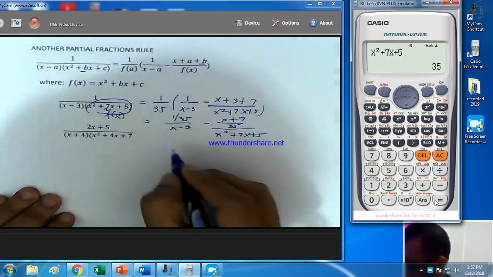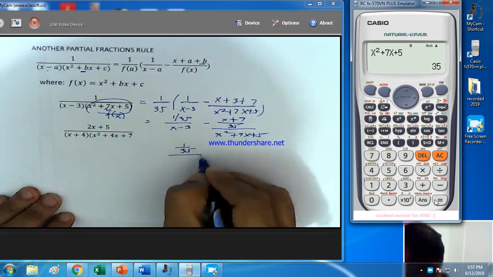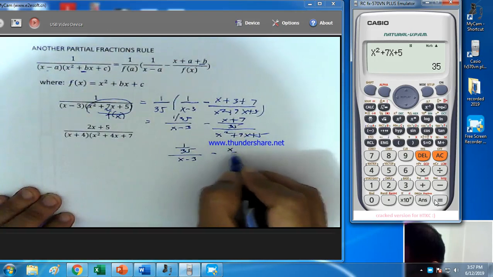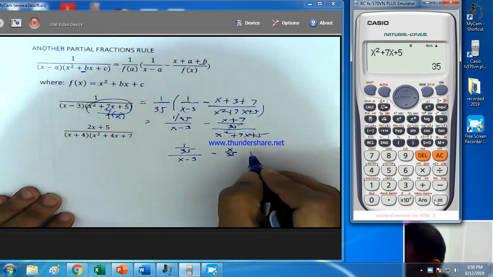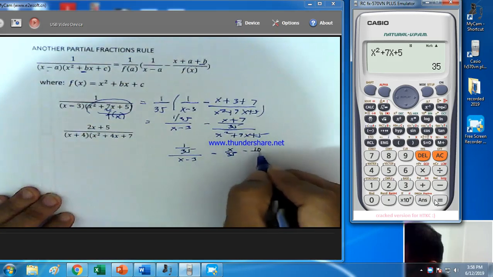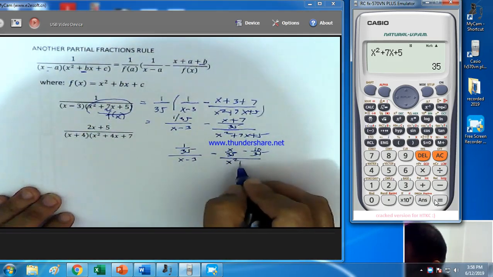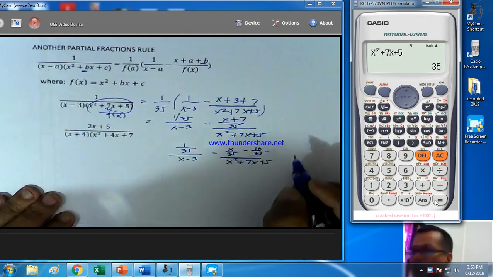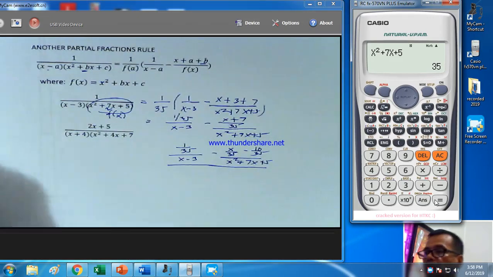Or this is the same as 1 over 35 over x minus 3, minus x over 35, minus 10 over 35 over x squared plus 7x plus 5. Alright, this is your equivalent partial fractions.